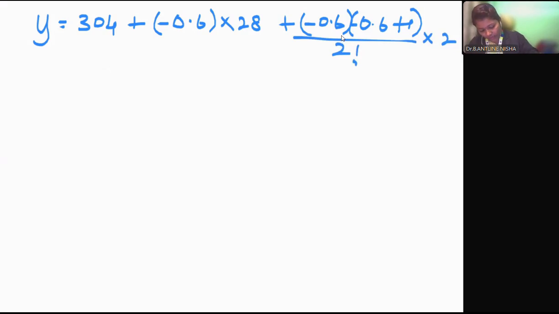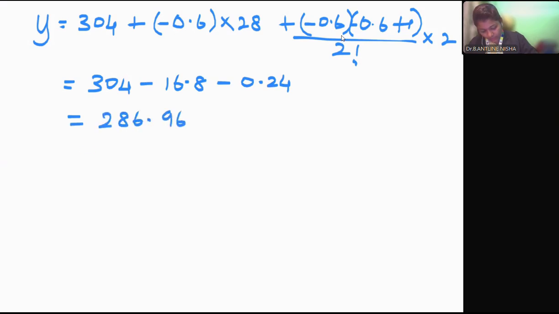Now we can simplify this. 304 minus 16.8 minus 0.24. Okay. So we will get 286.96. Approximately we can write 287 as the y value. Since we have taken y is equal to theta, theta is equal to 287.